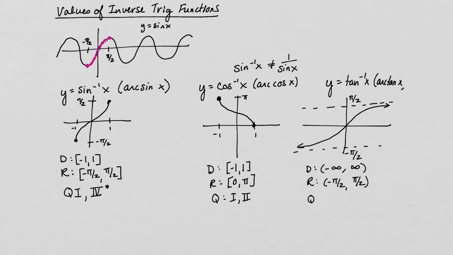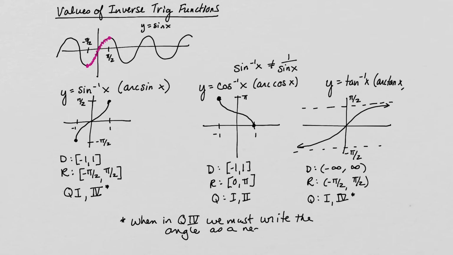Again, we're in quadrants 1 and 4, but I'm going to put that little star. The little star means that when in quadrant 4, we must write the angle as a negative angle. In a minute, I'm going to do some examples to show you what that means.